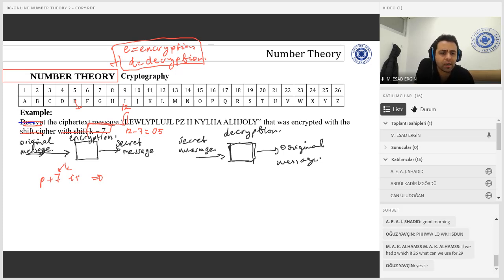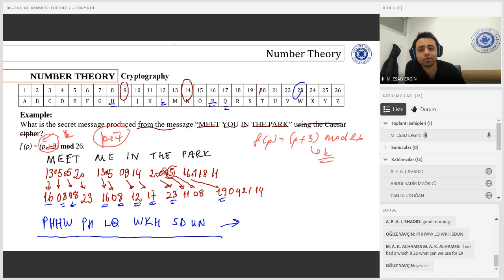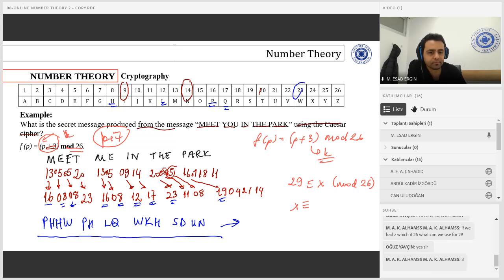That's great. So, Alams, you are asking what we can use if we had Z, which is 26, for 29? As you see here, you have to use mod 26. What is 29 in modulo 26? Yes, that's great.